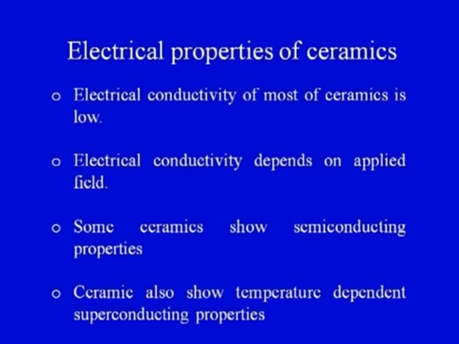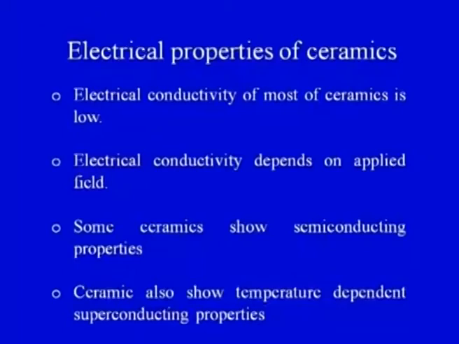Some ceramics show, and this is an important point, semiconducting properties. So we have seen that there is a wide variety of ceramics, one or two elements combined together to make a single ceramic material, and there are large families of ceramic materials, as we have seen in lecture 1 in the classification based on the composition.